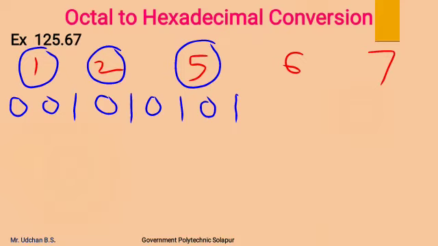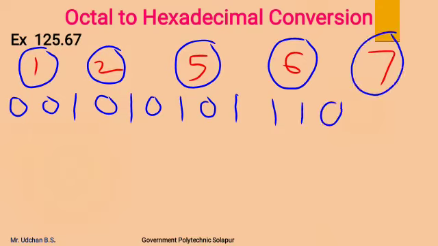For 6, the 3-bit equivalent binary number will be 1, 1, 0. And for 7, the 3-bit equivalent binary number will be 1, 1, 1. This is how we have converted the given octal number into the binary number. Now we will form a group of 4 bits to get the equivalent hexadecimal number.